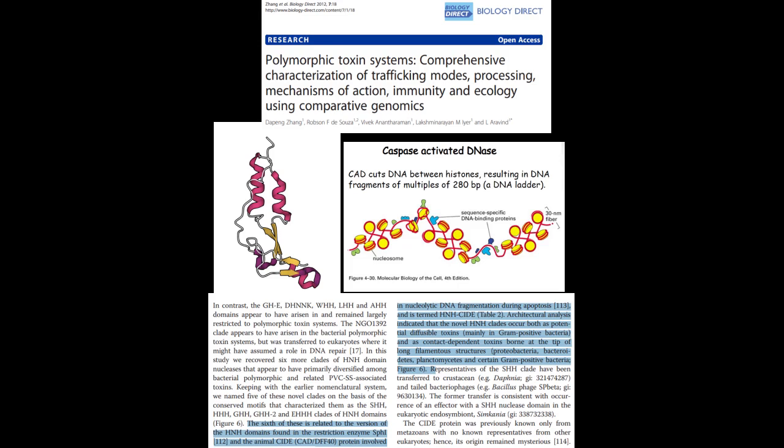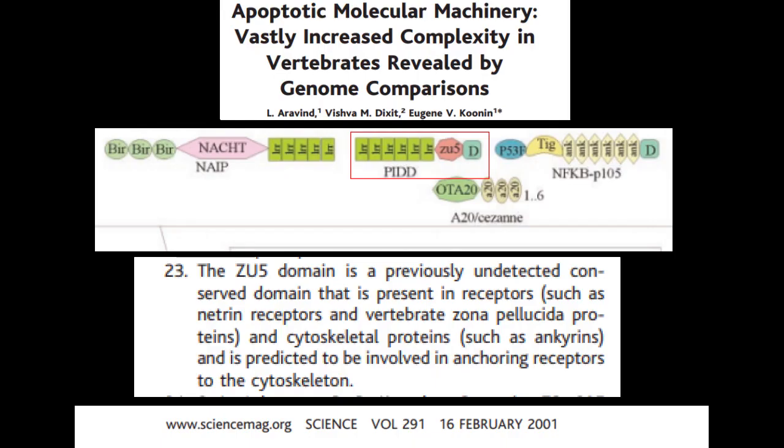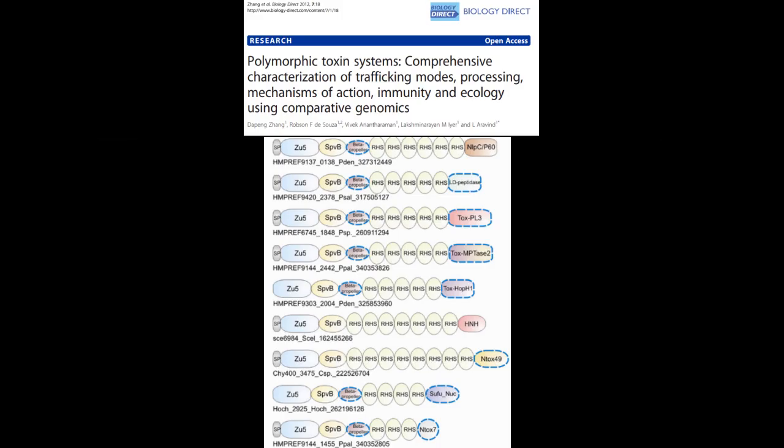As we discussed the last time, we could trace the zoophy domain back to these polymorphic toxins, where it plays the role of a prokaryotic processing domain.